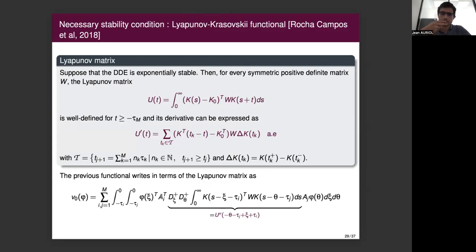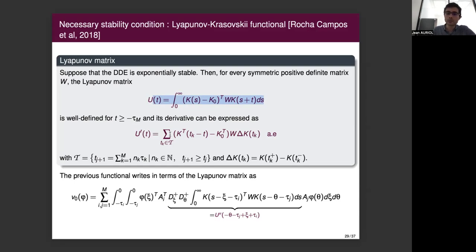Now, you want to go a bit further, and to do so, you can re-express this V0 functional in terms of the Lyapunov matrix. The Lyapunov matrix is just a matrix defined like that, which is well defined when your DDE system is exponentially stable, which is the case under the proposed robustness condition.